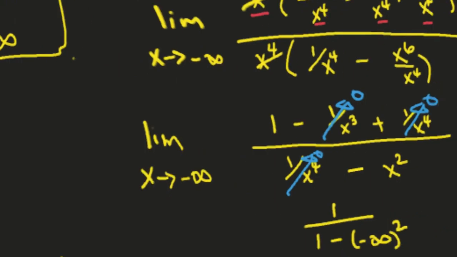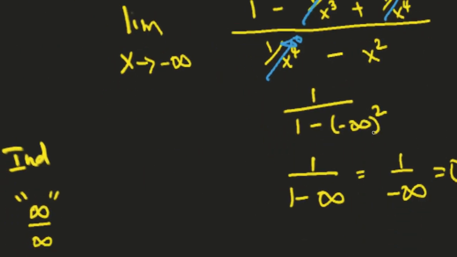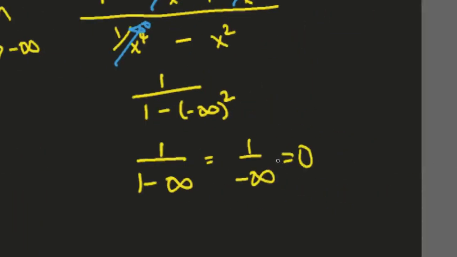And then we reevaluate what's left and plug that infinity or negative infinity in, square it, we get infinity, but then 1 minus infinity gives us negative infinity. Think of that as a positive 1 or 1 plus a negative infinity. That negative infinity is just so much larger. So any finite over infinite is 0.